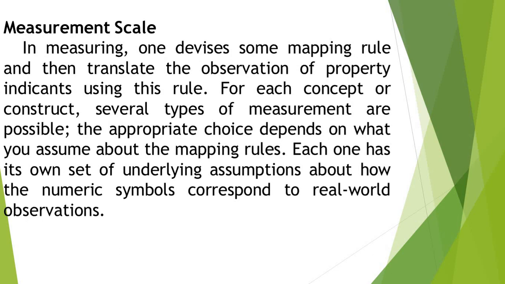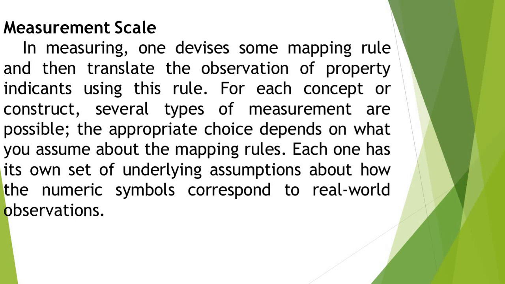So we will be introducing you to measurement scale, or scaling in layman's terms. In measuring, one devises some mapping rules and then translates the observation of property indicants using these rules. For each concept or construct, several types of measurements are possible.